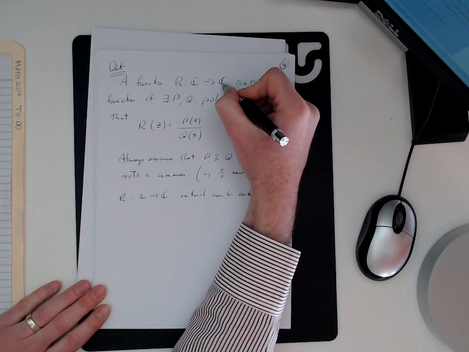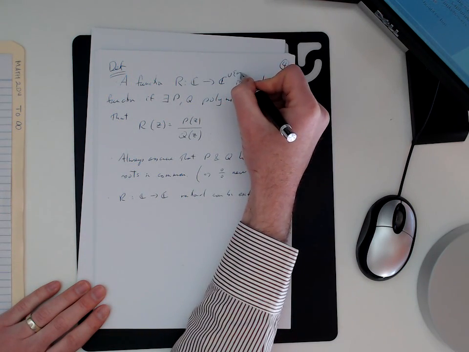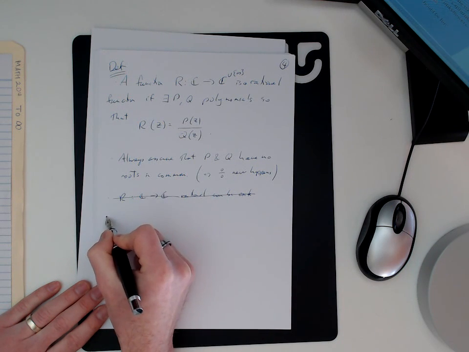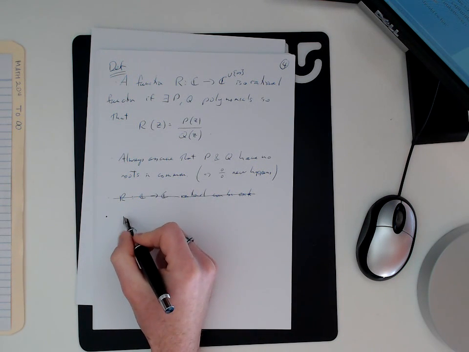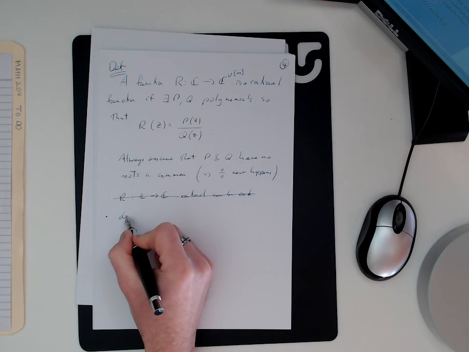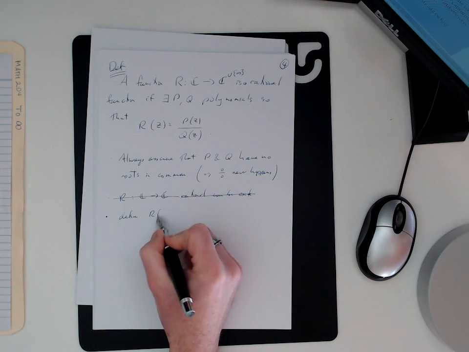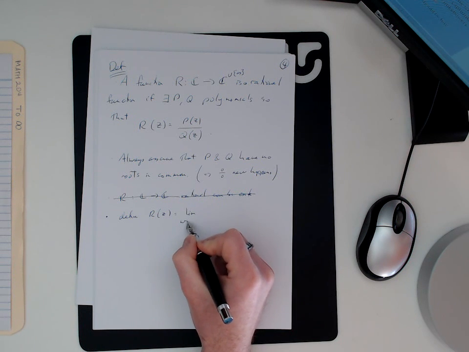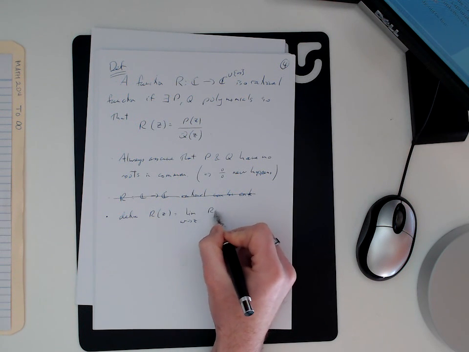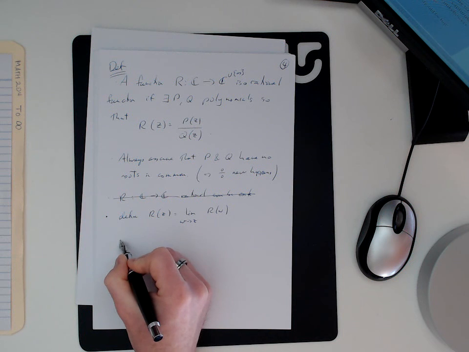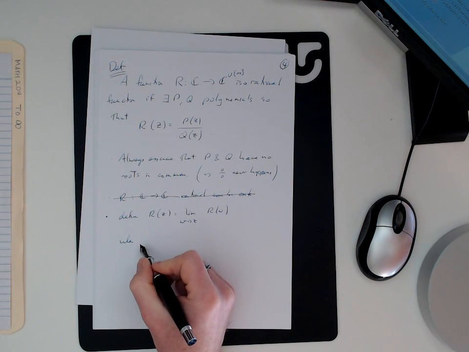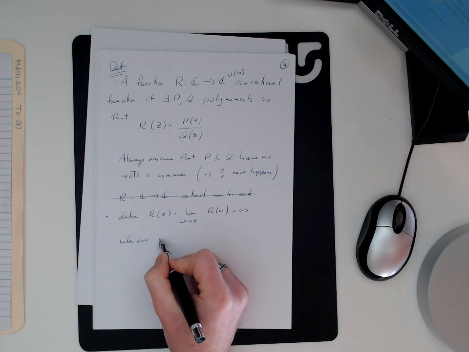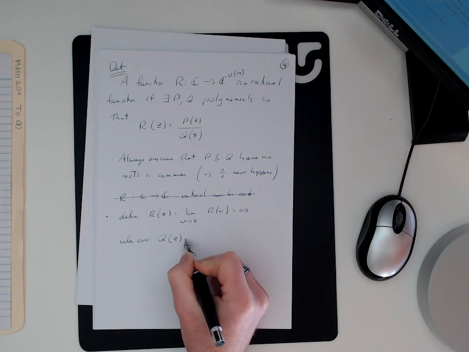Let me say this: to the C union the point at infinity, and then we can define R of Z equal to the limit as W goes to Z of R of W, which will equal infinity whenever Q of Z is equal to 0.